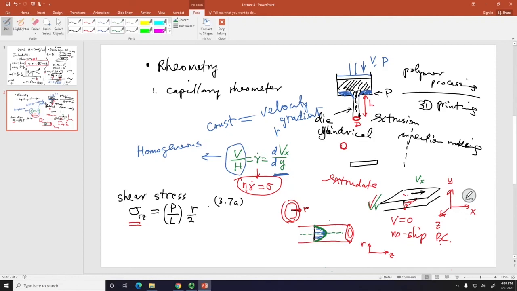You realize this velocity field has a maximum at the center, which means its gradient at the center is 0. There's no shear rate at the very middle line. So I'm just connecting the dots here for you: your stress is maximum at the wall of this die.